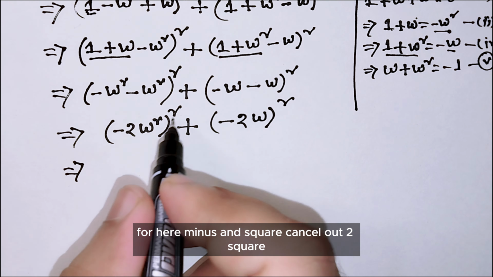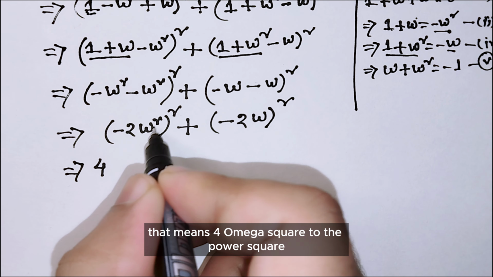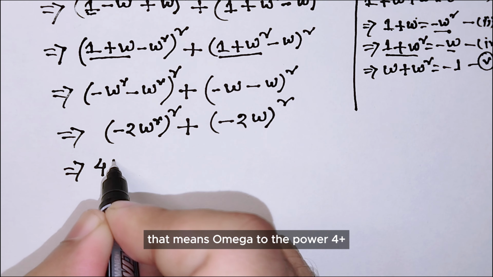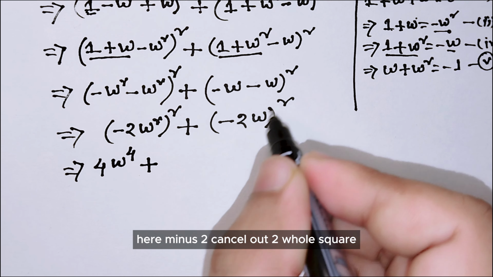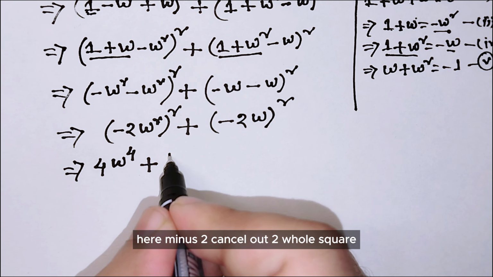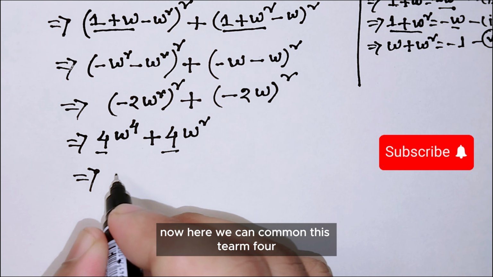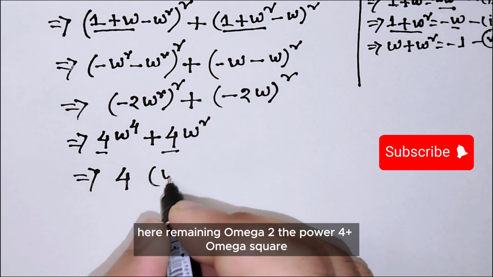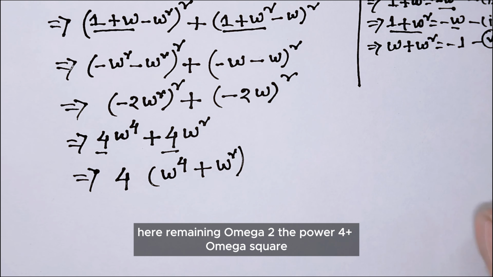Now here the minus signs cancel out in the square: 2 square means 4, omega square to the power square means omega to the power 4, plus, the minus 2 cancels out, 2 whole square means 4, and here omega square. Now we can take common this term 4, leaving omega to the power 4 plus omega square.